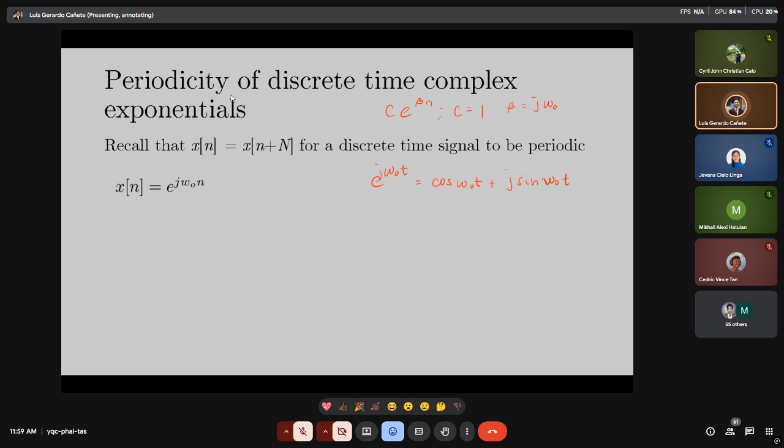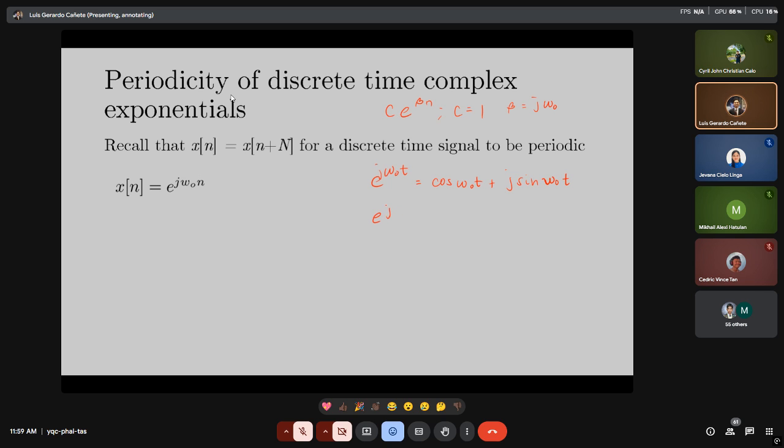Now, we can show that this is going to be periodic, because we can always find a tau that we can add to this so that we can test for periodicity.